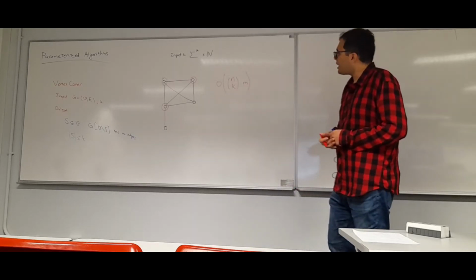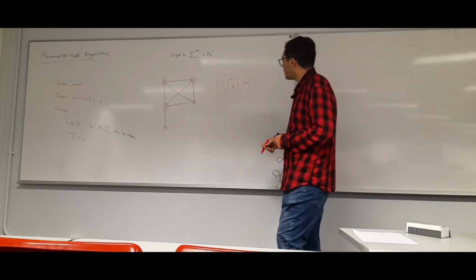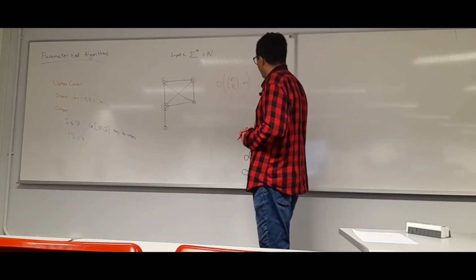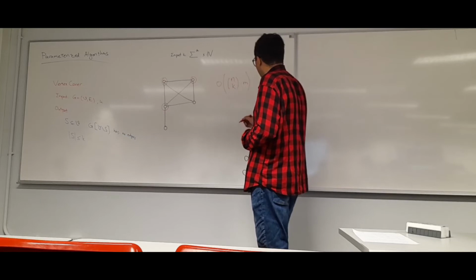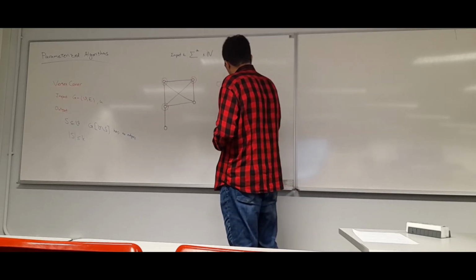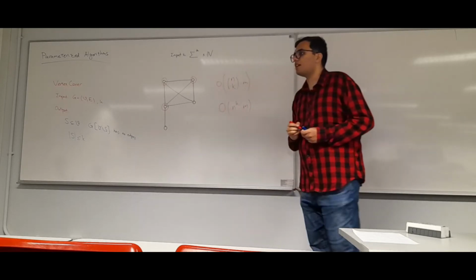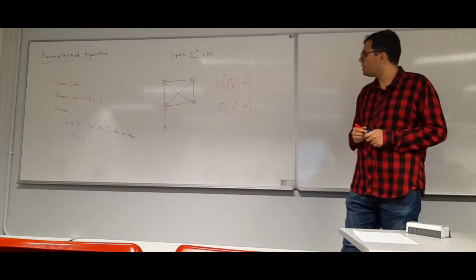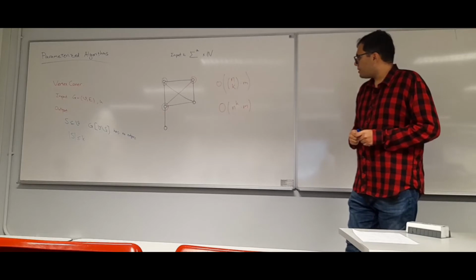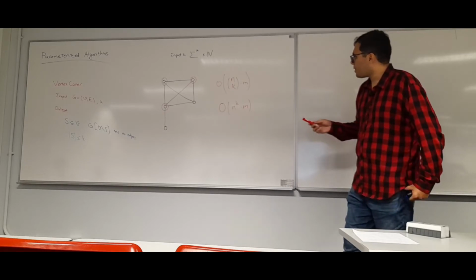Now, n choose k is almost like n to the power of k. So I can say that I have an algorithm now that takes this runtime, n to the power of k times n. Now, this algorithm is actually kind of good.